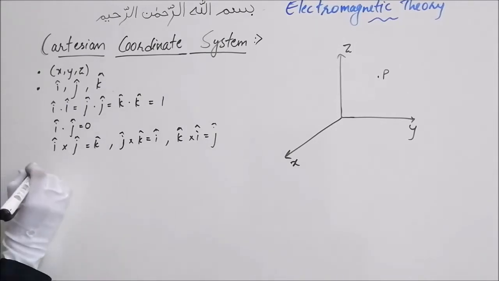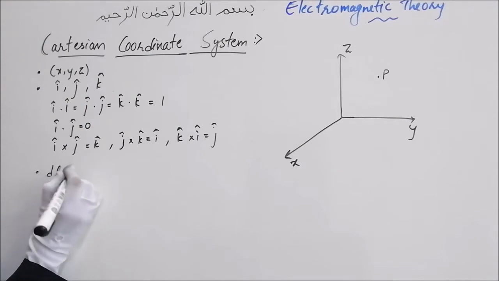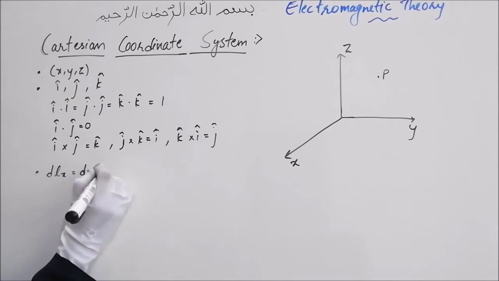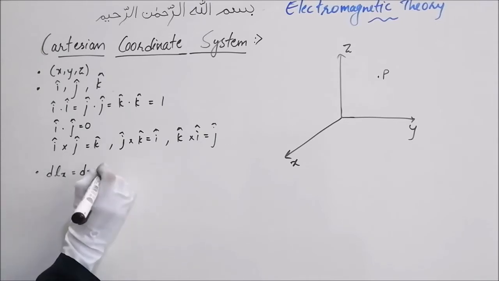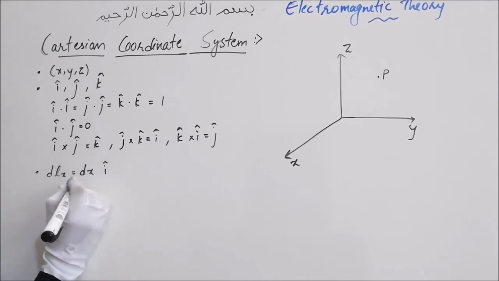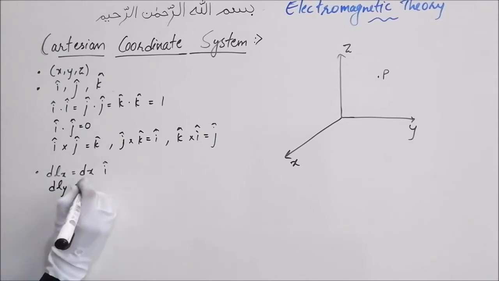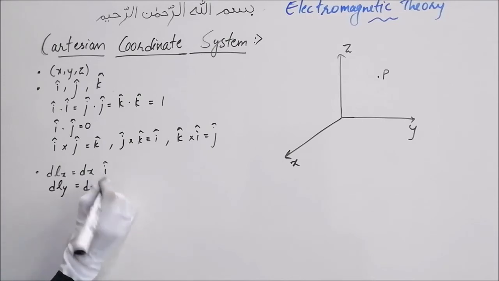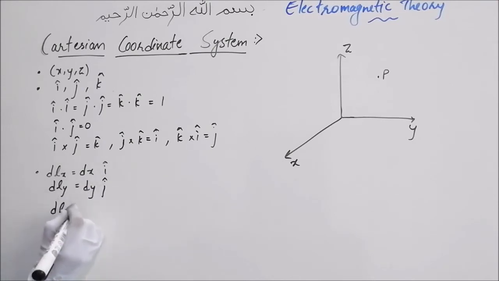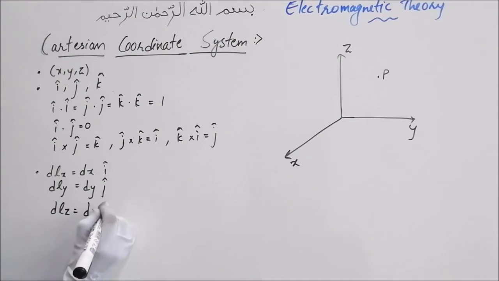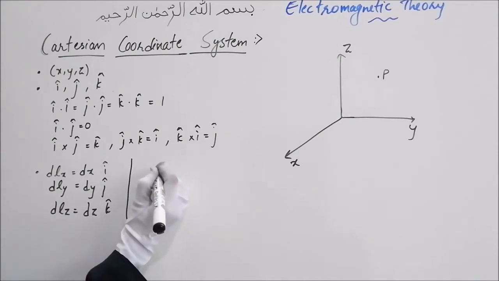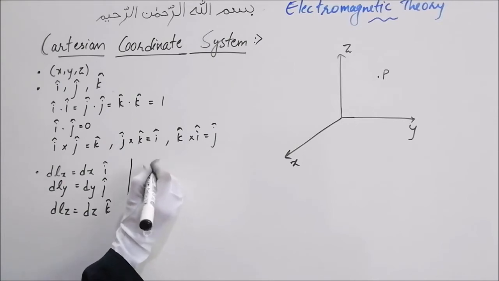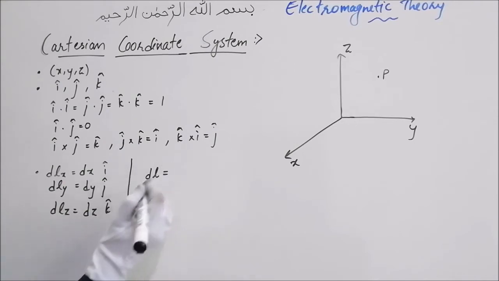The length elements along the x direction, dl_x, we are having dx x hat, or you can say i hat. Along the y direction we are having dy j hat. Along the z direction we are having dz k hat. So generally we can write this as dl, this is a vector quantity, right?